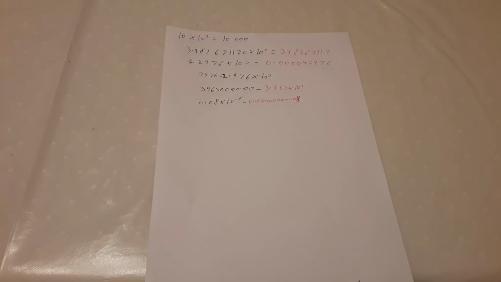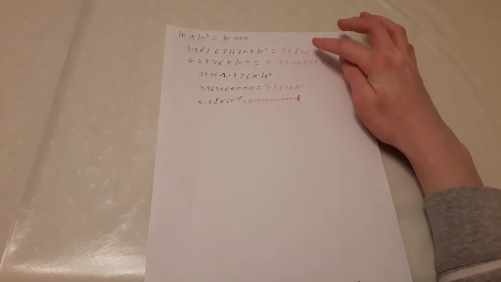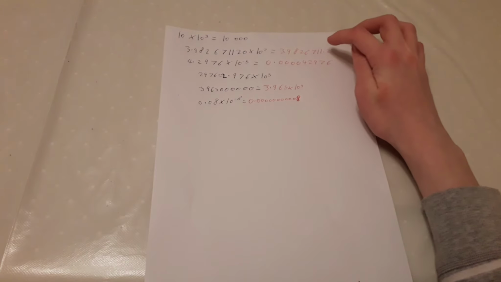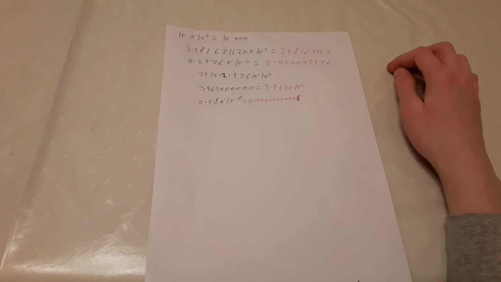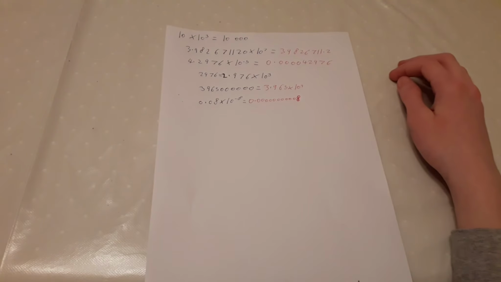If it was 10 to the power of 8, there will be no decimal point. For example, if it was 10 to the power of 6, it will be 3,928,982,711.12. So you should get the idea there.